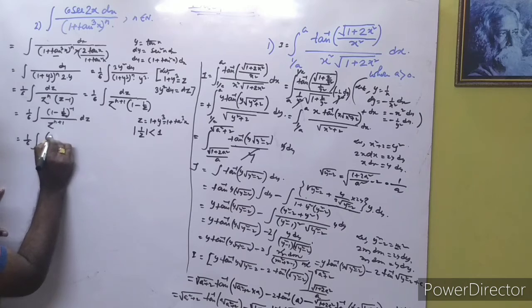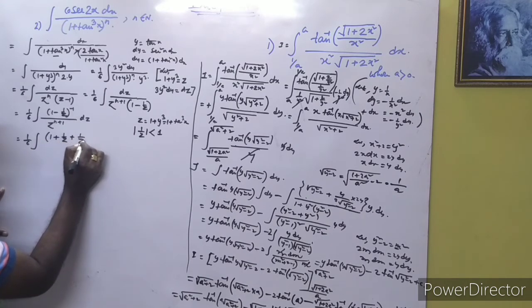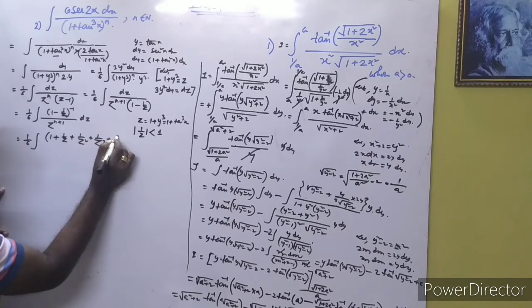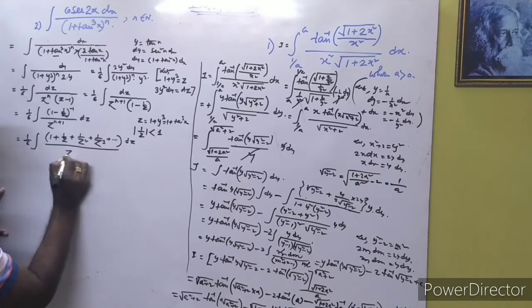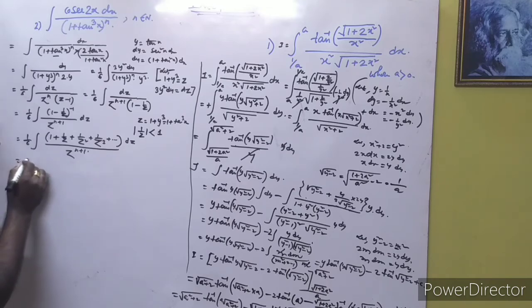So that is here 1 by z, 1 by z square, 1 by z cube dot dot dz by z to the power n plus 1. See carefully. Okay, see the solution.